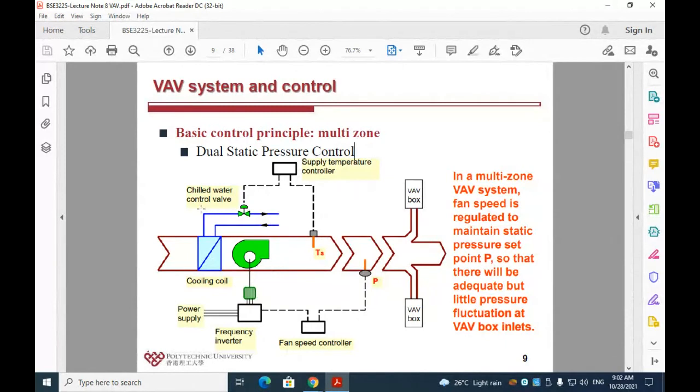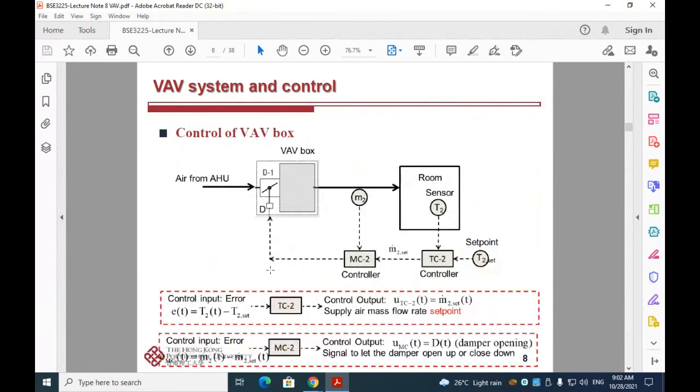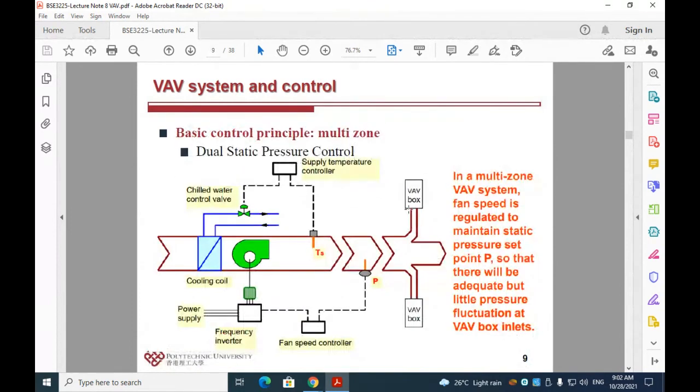So you can see that for this VAV system, we have a primary air handling unit, and this primary air handling unit will supply air directly to multiple VAV boxes, and the VAV boxes will be controlled as illustrated in slide number 7 and slide number 8.